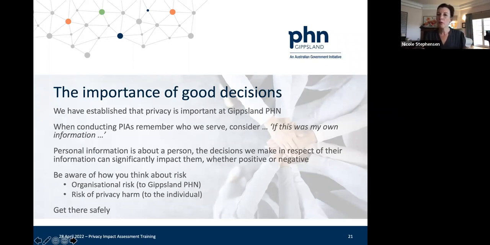What would my threshold be for that? And I know it's maybe not always the best litmus test, but it's a good one, particularly for some of those data or technology projects. And when I move into the case study, you'll see exactly what I mean. It's also important in terms of good decision making to think about risk, not just in terms of compliance risk.